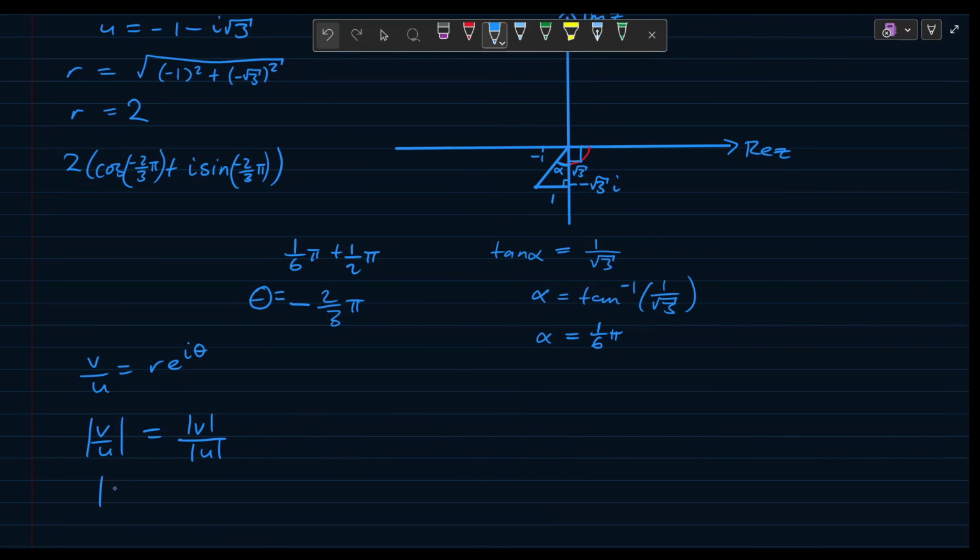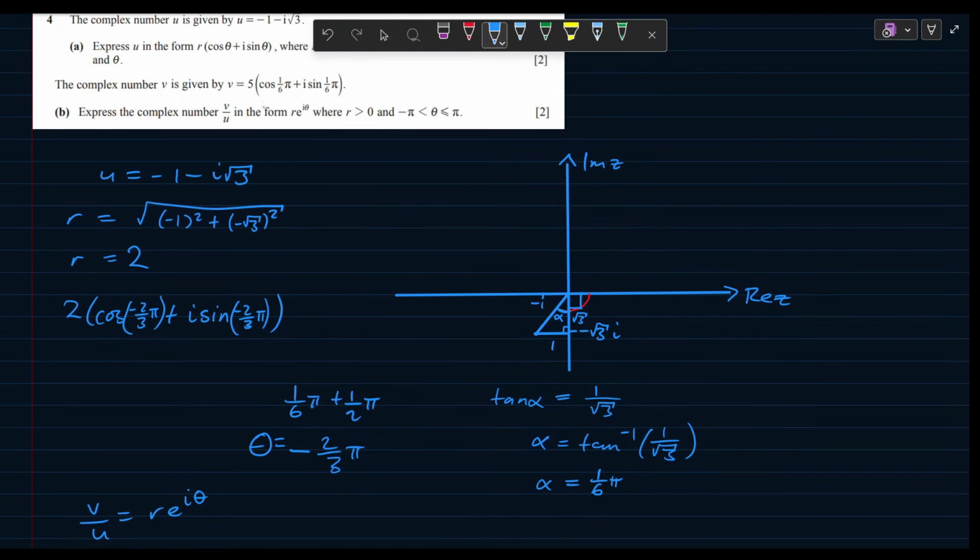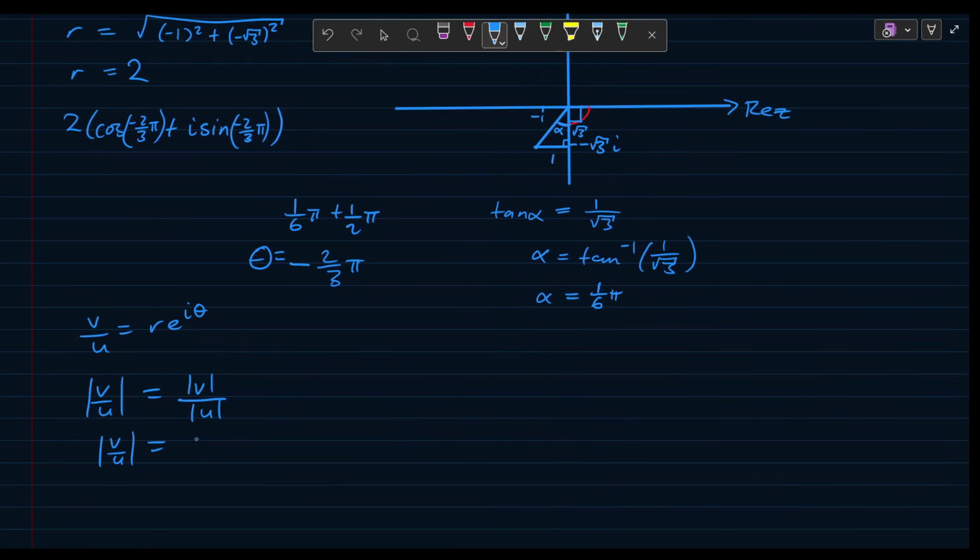The modulus of v, we can read it off here, is 5. So 5 divided by the modulus of u. The modulus of u is 2, so 5 over 2. So it means that the modulus of v over u is equal to 5 over 2.